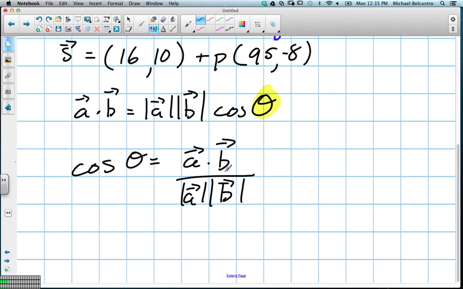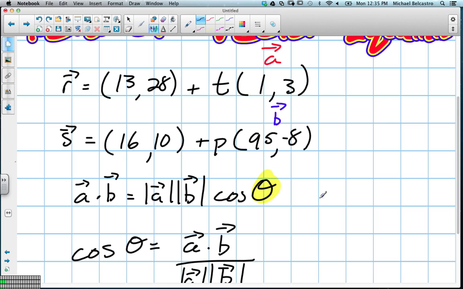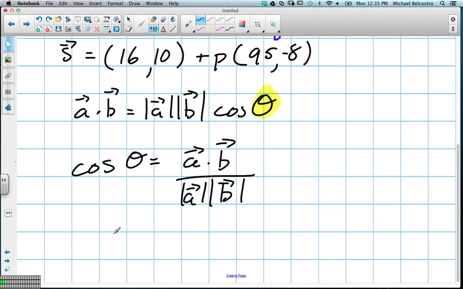Now the dot product, if you recall, to find the dot product of two vectors, we multiply the x values by each other, the y values by each other, and add them together. So essentially, we'll do this as two pieces.